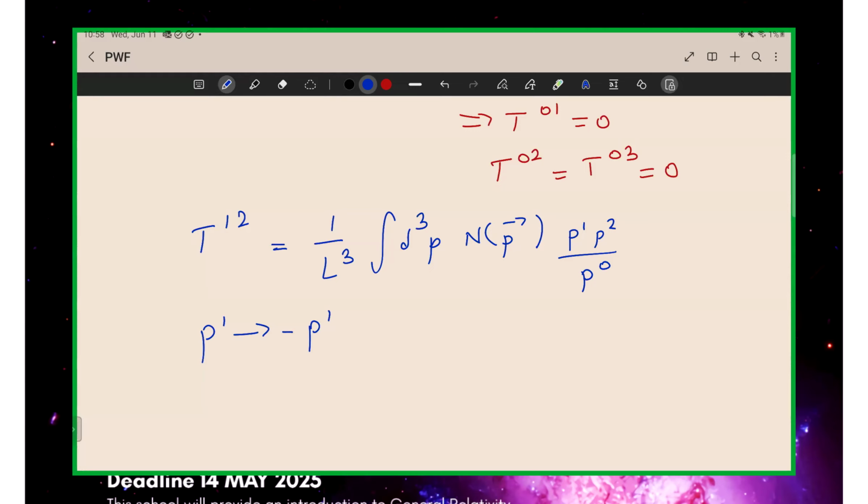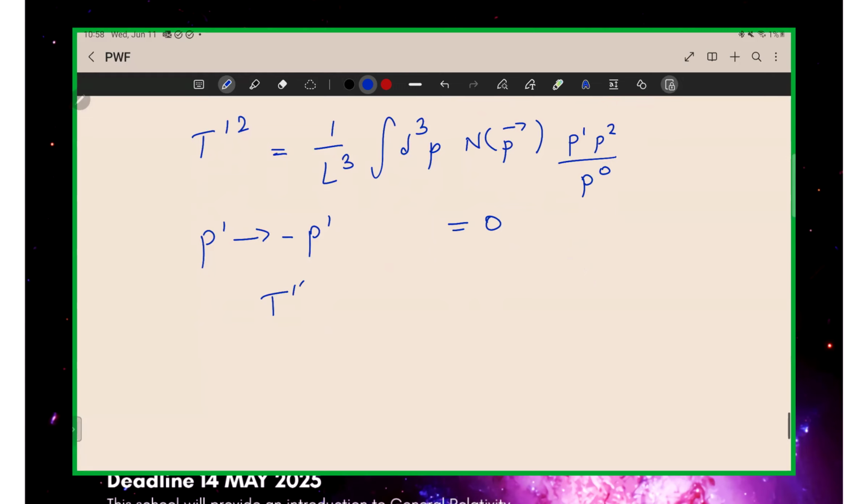Similarly, you can show that T^{12} is 0, and you can use the same argument to show that T^{13} and T^{23} are also 0, because the other ones are just symmetric, so that's not a problem.